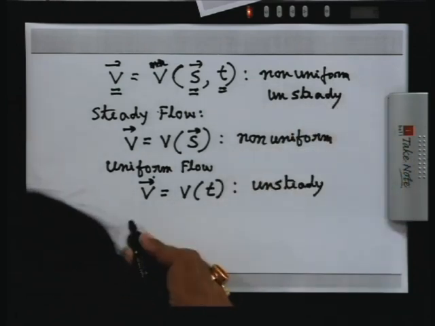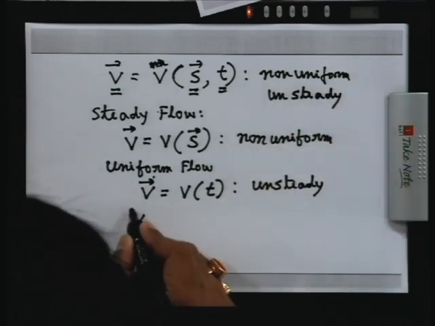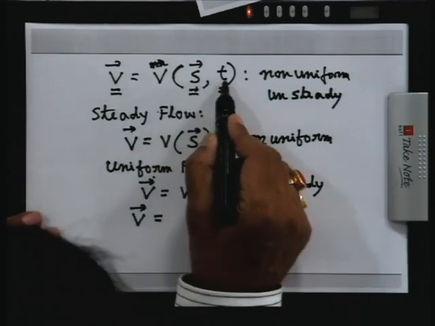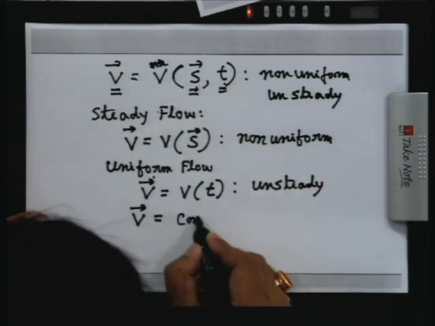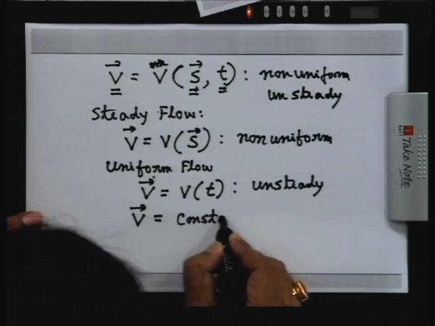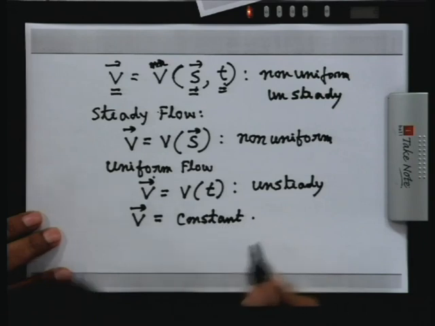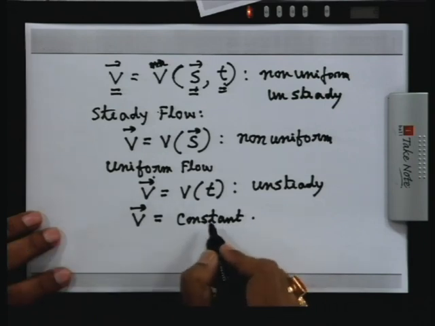And another extreme is that V ceases to be a function of both S and T. That means it is purely constant. That means the velocity is the same at all spatial locations, and at any spatial location it is invariant with time.